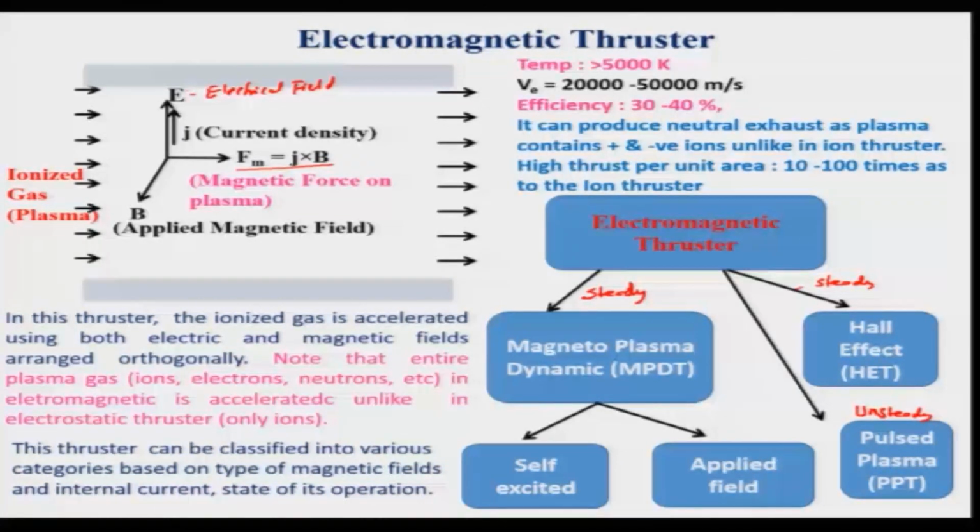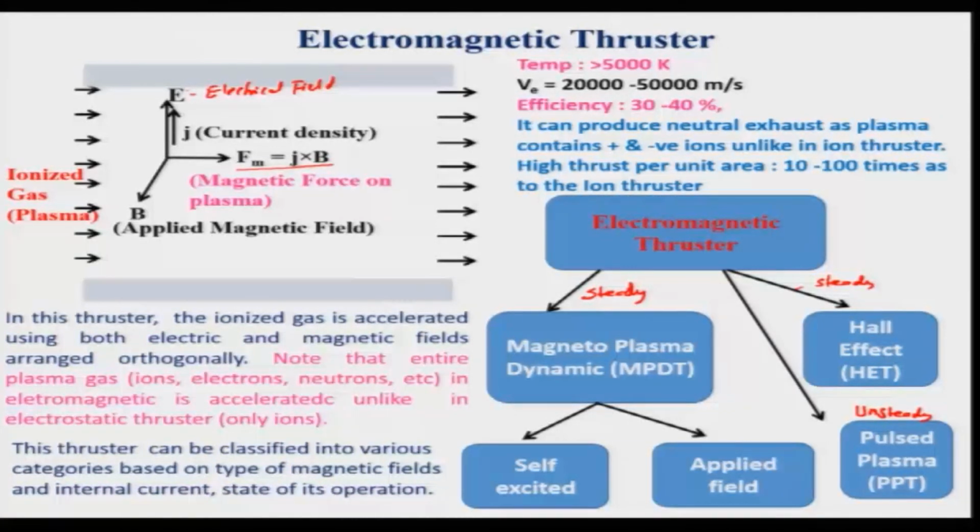In this case, temperatures greater than 5000 generally occur, and we can get an exit velocity of something like 20,000 to 50,000 meters per second, sometimes lower also. The efficiency of such electromagnetic thrusters will be in the range of 30 to 40%, and it can produce a neutral exhaust as the plasma contains both positive and negative ions, unlike ion thrusters.